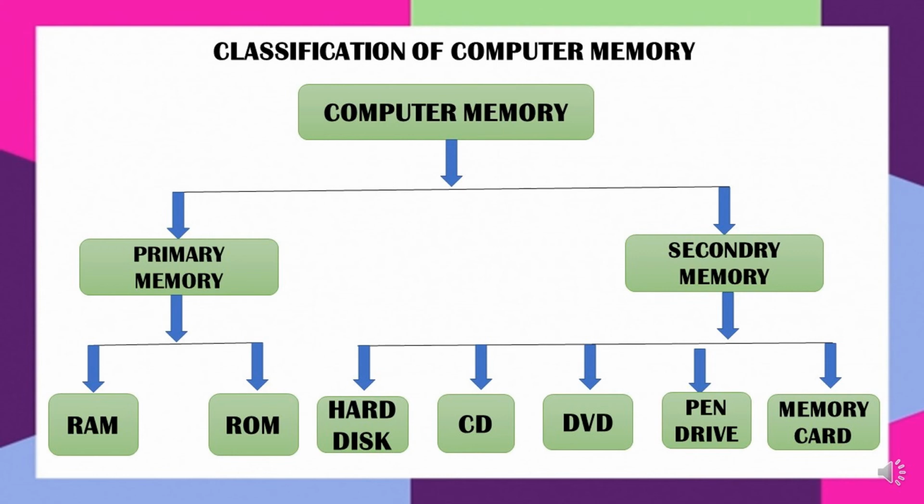And secondary memory is which we put from externally, which is hard disk, CD, DVD, pen drive, and memory card. Basically, all these devices are used for storing the information from the computer. Okay, so one by one we will understand about RAM, ROM, hard disk, CD, DVD, pen drive, and memory card.